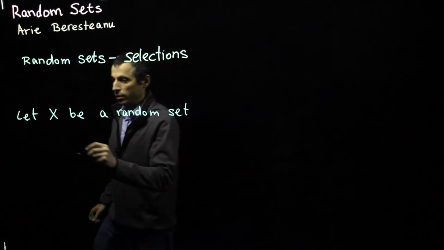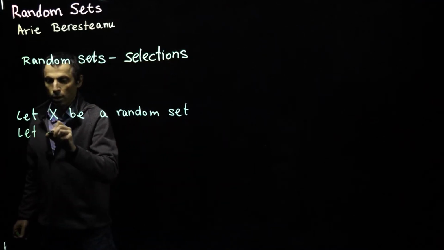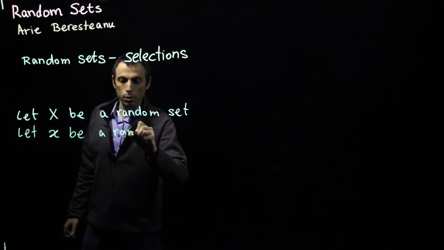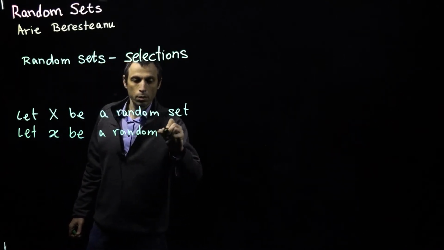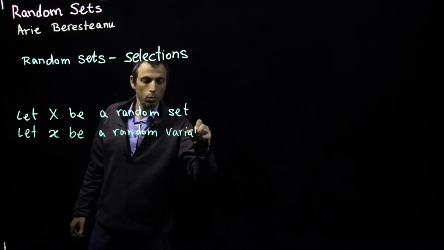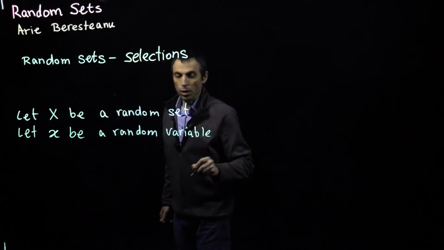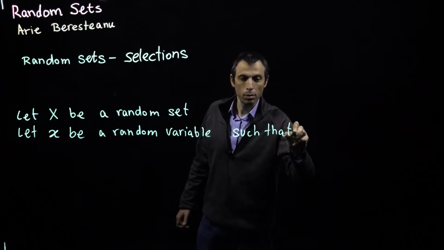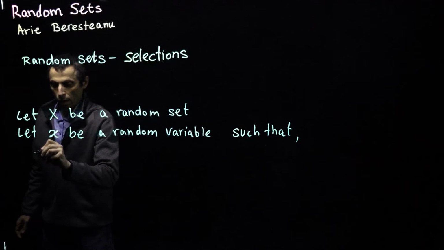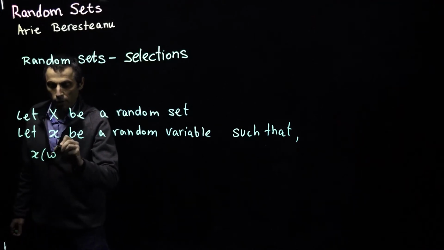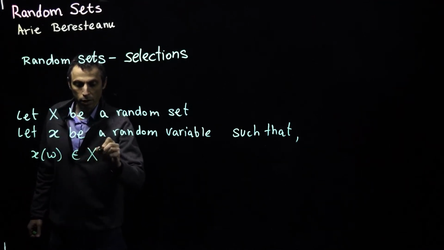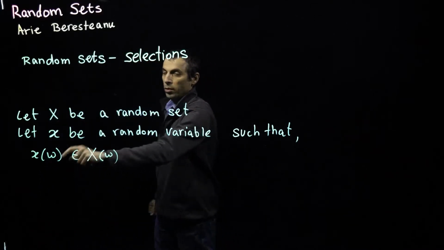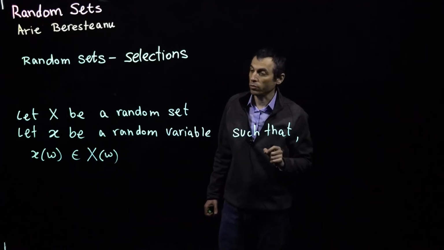So let x be a random variable, point valued, such that x of omega is an element of X of omega. So this is a set in R^d. This will be just one point out of that set for every omega.